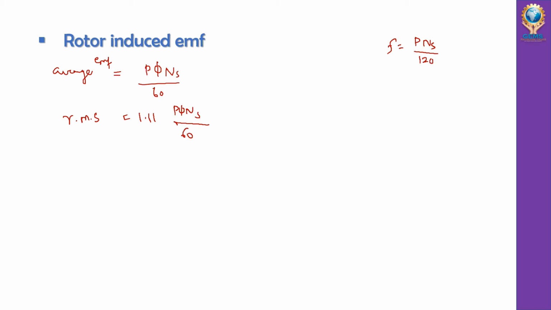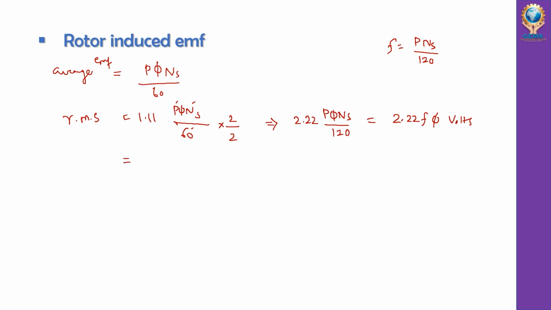For 120 we need to multiply by 2, so we multiply by 2 by 2 and get 2.22 into P phi ns divided by 120, which is equal to 2.22 f phi.